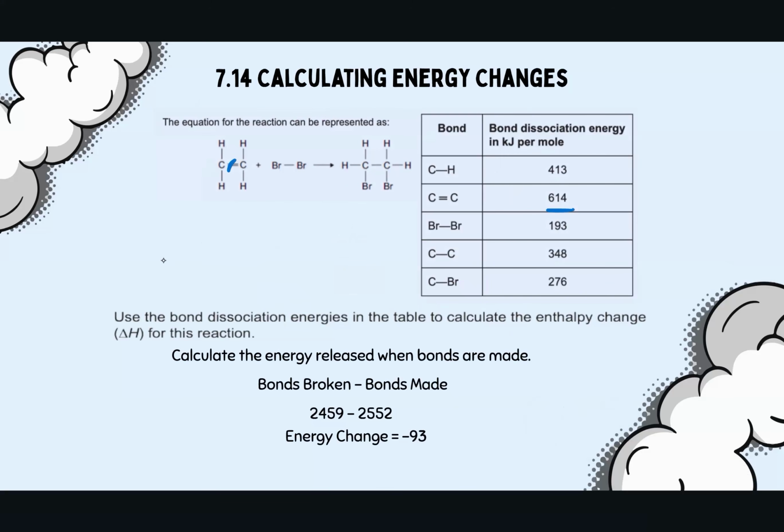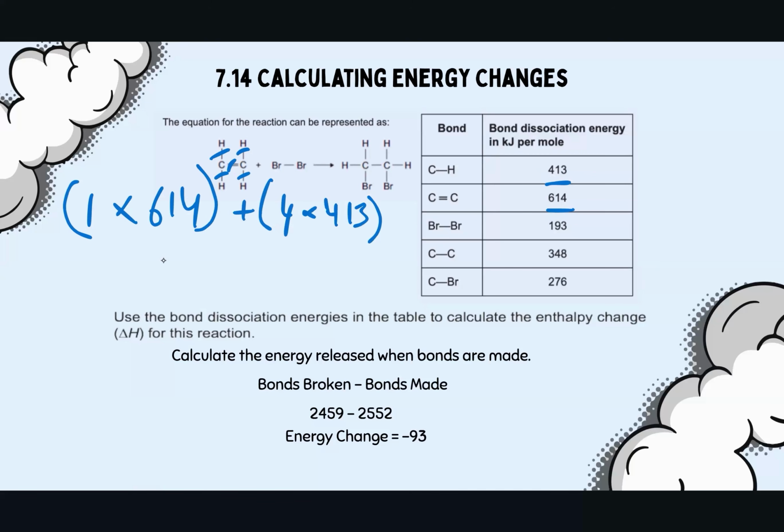So we're going to write 1 times 614, plus how many CH bonds do we have? 1, 2, 3, 4, so plus 4 times this one. And we've got a Br-Br bond. So we're going to add to that 193. All in all, that equals 2,459. So we've got this number now.